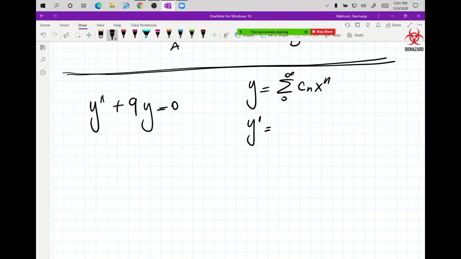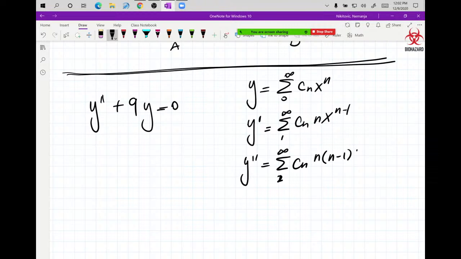Then y prime is going to start at 1, get Cn n x to the n minus 1. And finally, the second derivative, summation 2 to infinity Cn n, that's n minus 1, and then x to the n minus 2.